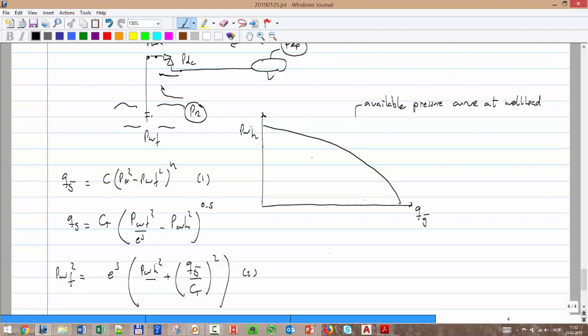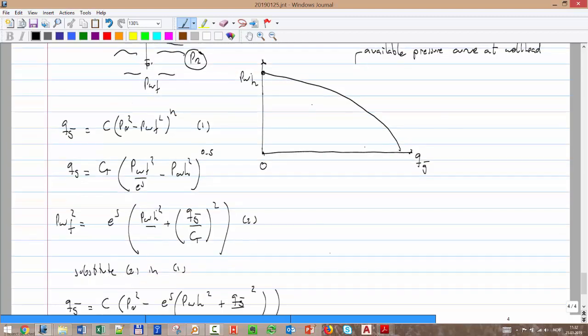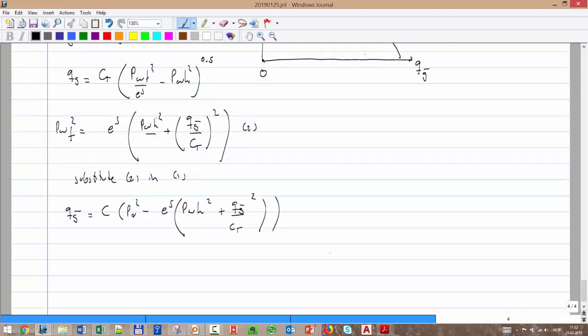What happens when I have zero flow here? What pressure should I get here? I should have reservoir pressure minus the hydrostatic head of gas. So we substitute QG equal to 0 in that equation.